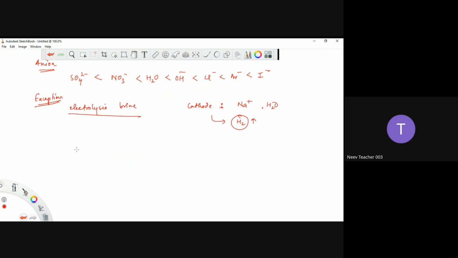But in the case of anion, the anode will be there. Now we have two cases. A water molecule is there. If the water molecule gets oxidized, what will it give you?